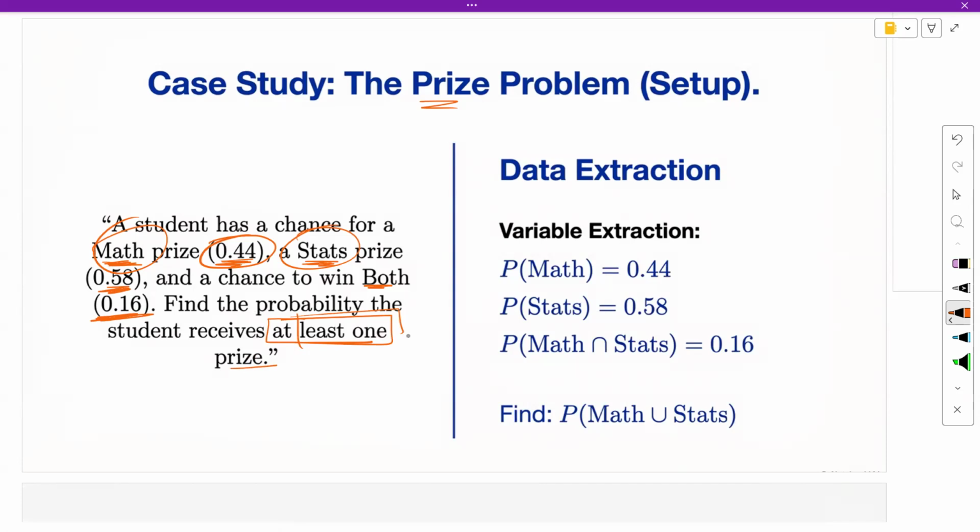If we translate this into statistical terms: probability of getting maths is 0.44, probability of getting the statistics prize is 0.58. The maths intersection statistics prize, the chance of getting both, means he will get two prizes. That is 0.16.